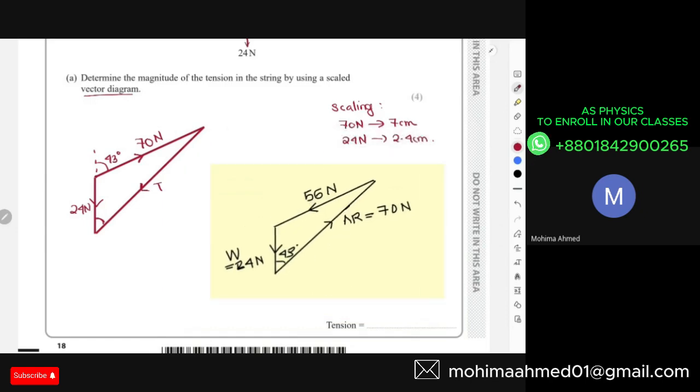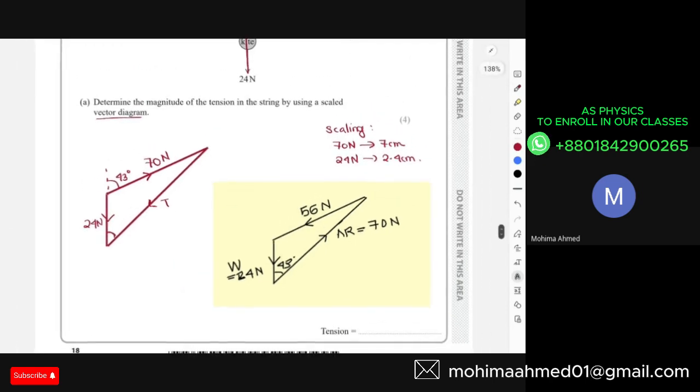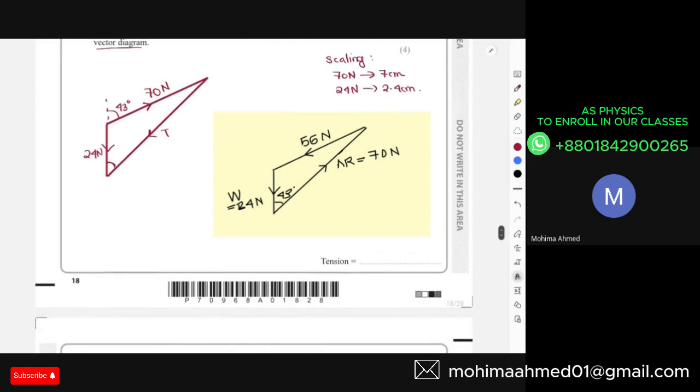On your diagram, I'm never going to write 7 centimeters, 5.6 centimeters, or 2.4 centimeters. On your diagram, you will write the actual values of the forces or vector quantities you're working with. This is a vector diagram. Other than this, we don't actually have anything else to do. So we're going to stop here.